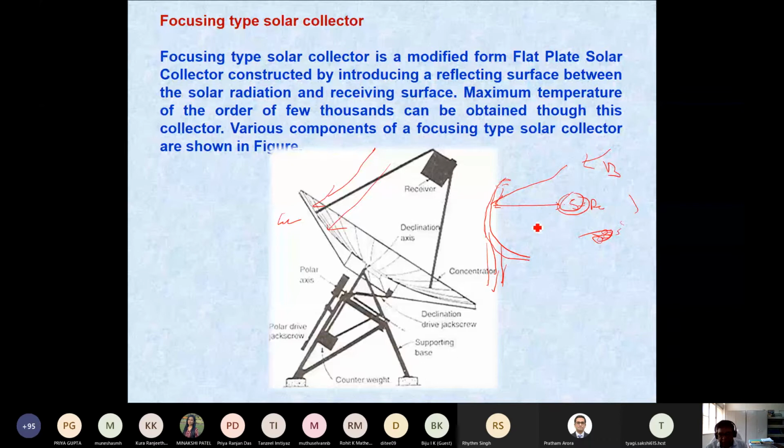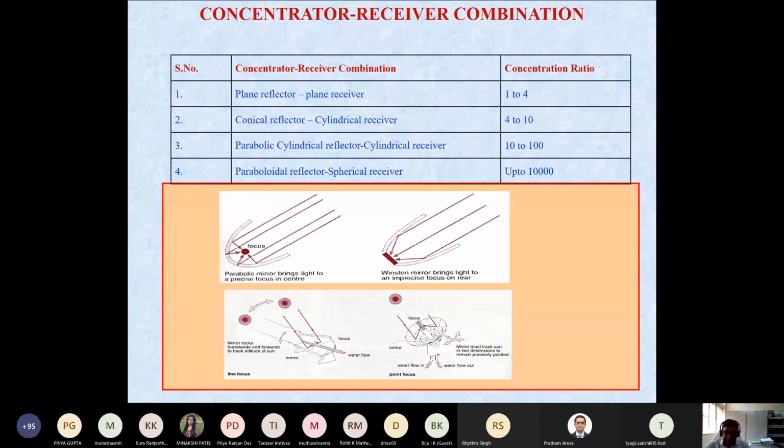And how much, what is the order of the temperature, will depend upon the combination of this concentrator and the receiver. Theoretically, if you have a plane reflector, I mean the concentrator, it can be like this only, and then one more here, and then you can have the receiver here. So this is the plane reflector and plane receiver, both are plane.